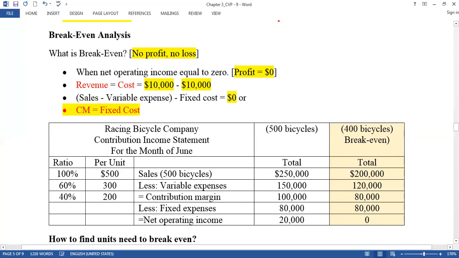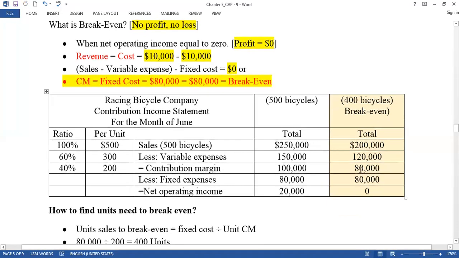For example, our contribution margin $80,000 equals our fixed cost also $80,000. If this is the case, that means it is called break even. Just remember only this formula. Look at these two numbers.